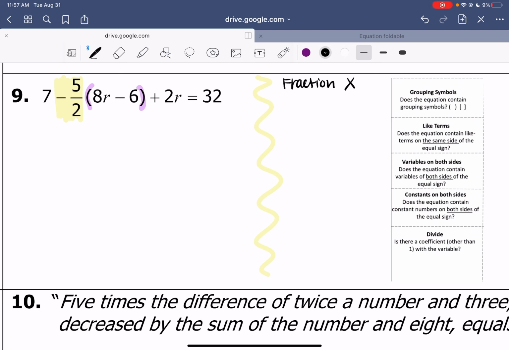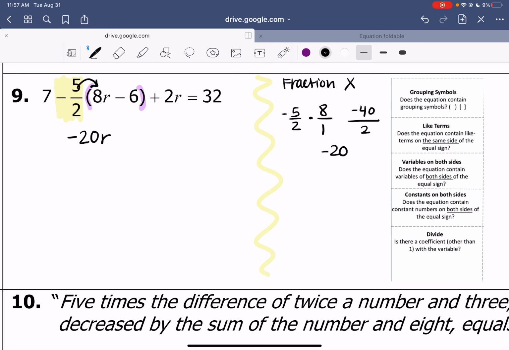We're taking -5/2 and multiplying. If I turn 8 into a fraction, putting it over 1, that's what it would look like. -5 times 8 is -40, and 2 times 1 is 2, so that's going to be -20. So when I distribute here, I'm left with -20r.